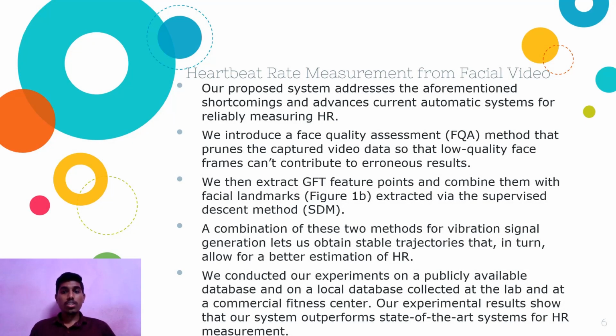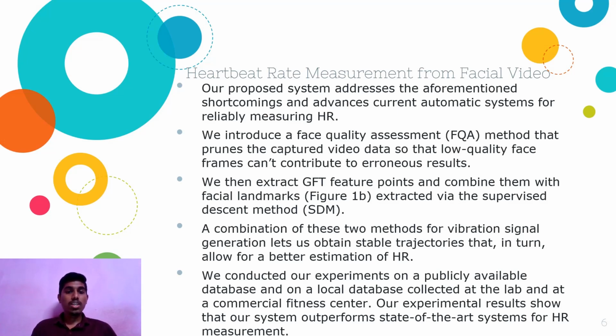Our proposed system addresses the aforementioned shortcomings and advances current automatic systems for reliably measuring HR. We introduce a face quality assessment (FQA) method that prunes the captured video data so that low quality face frames can't contribute to erroneous results.